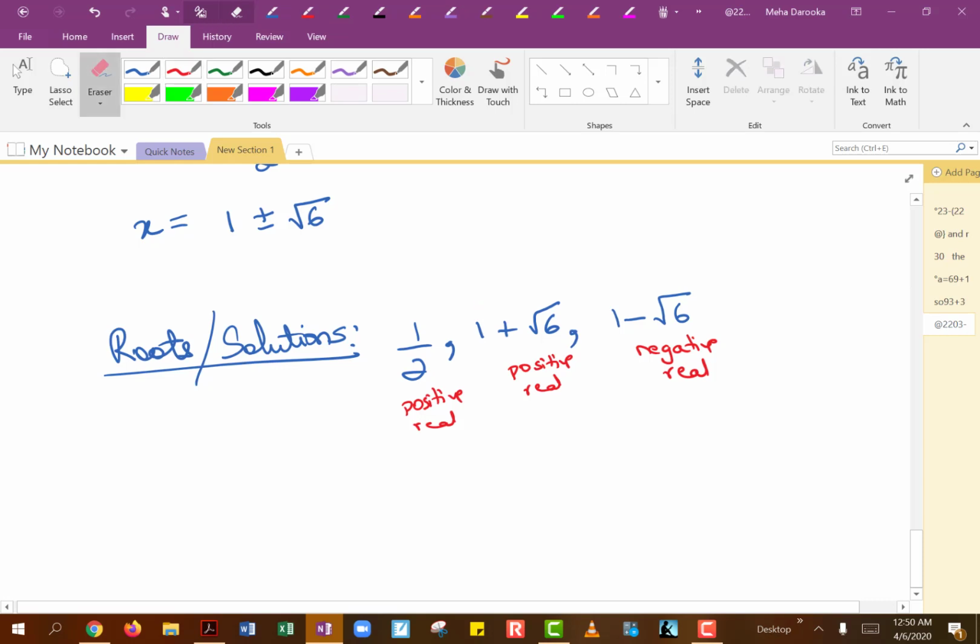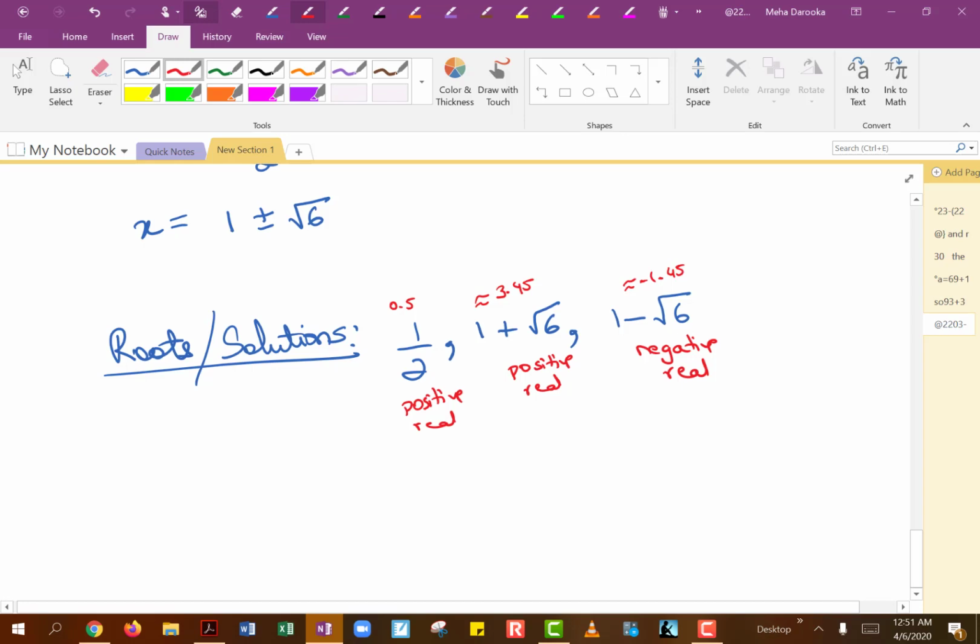And then for 1 minus square root of 6, that is approximately negative 1.45. And of course 1/2 is exactly 0.5. So you can see all of these numbers are between negative 2 and positive 4.